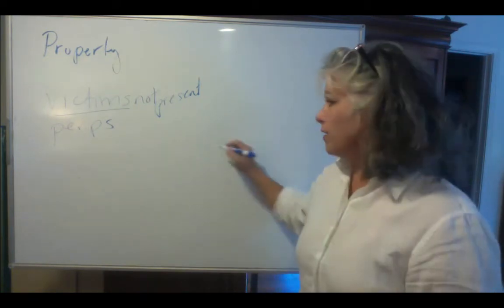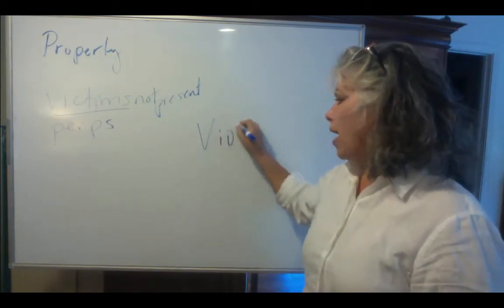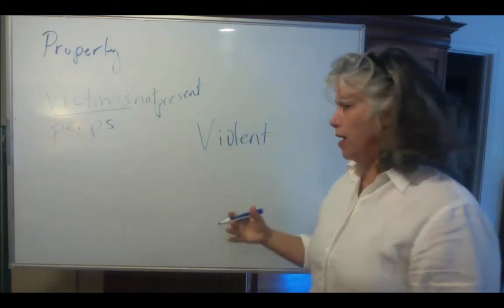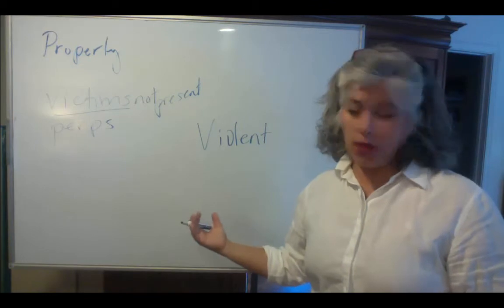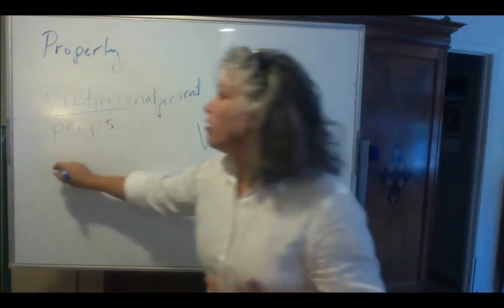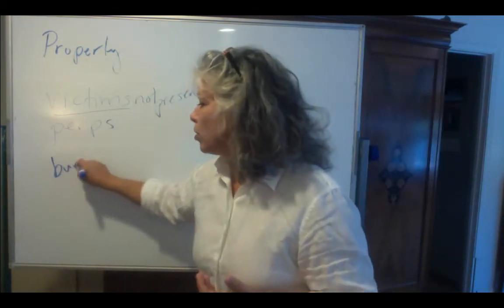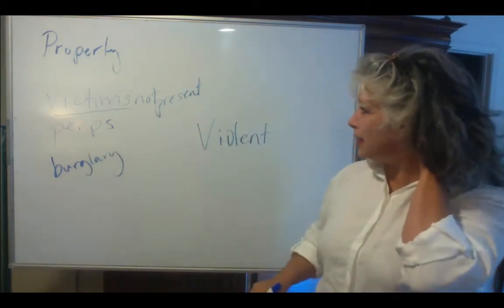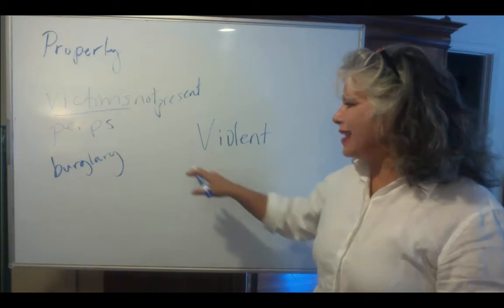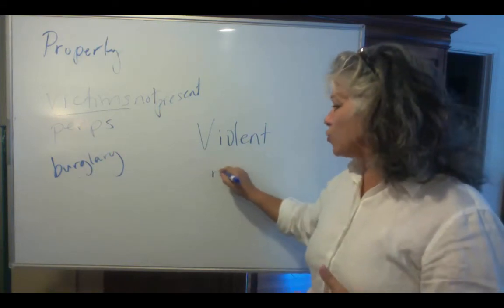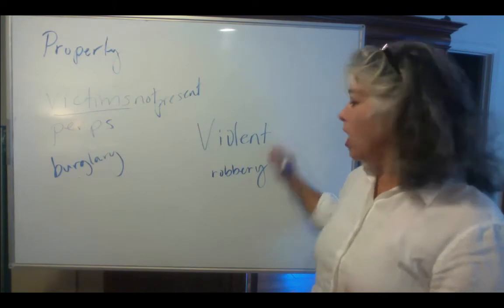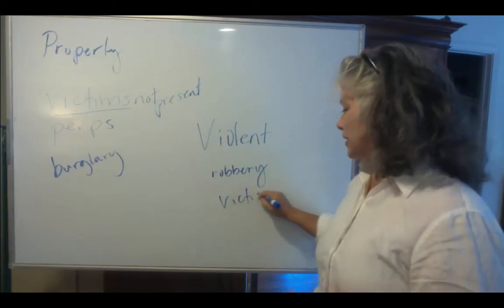On the other hand, there is another type of crime that sometimes goes hand in hand with property crimes, and that's called a violent crime. So I mentioned an example of property crime over here is burglary. Burglary is a type of property crime. An example of a violent crime is robbery. A violent crime takes place when the victim is present.